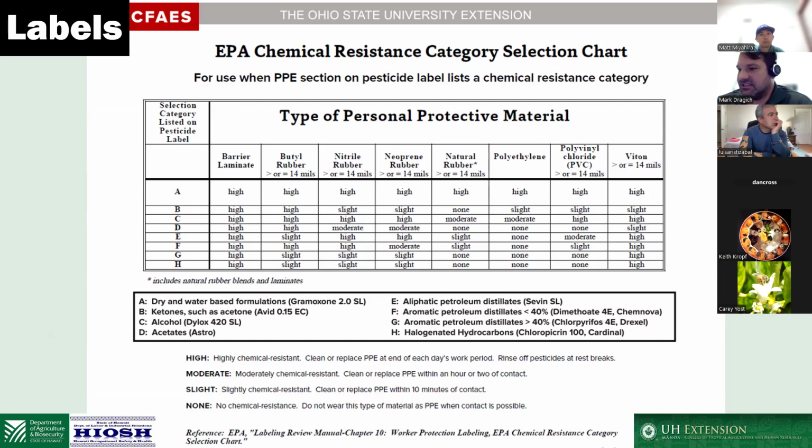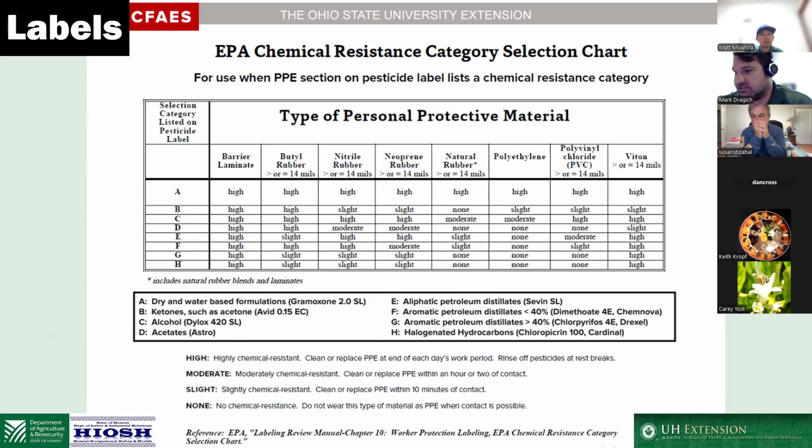You might just see something that says use barrier laminate, or you might see something that just says category H. So you need to look at the materials that you have for your PPE. So like this, apron, boots, gloves, right? That sort of thing. What material is it made out of, and is it actually protecting you or not?